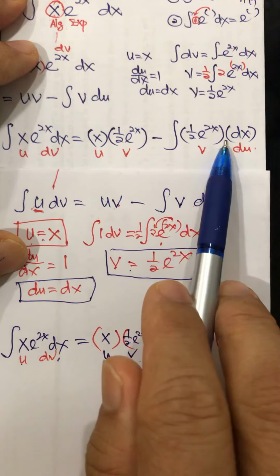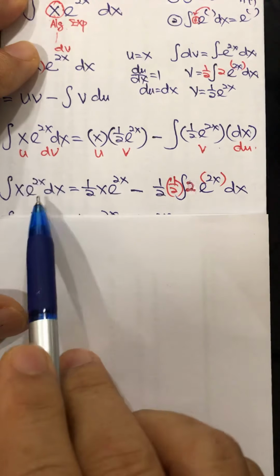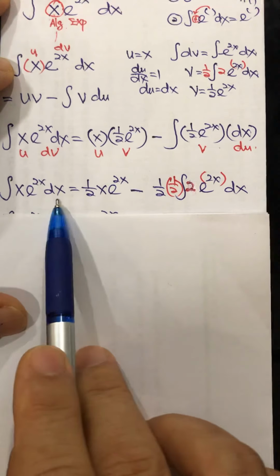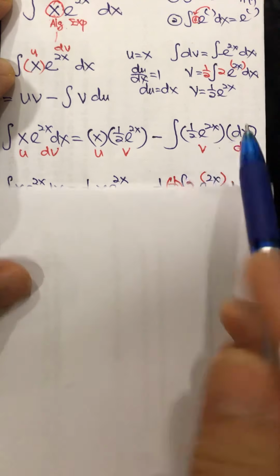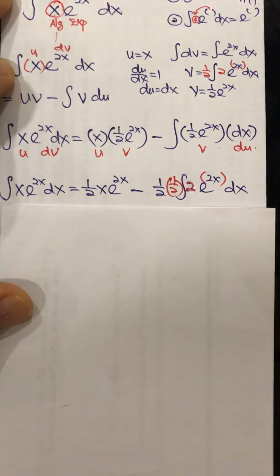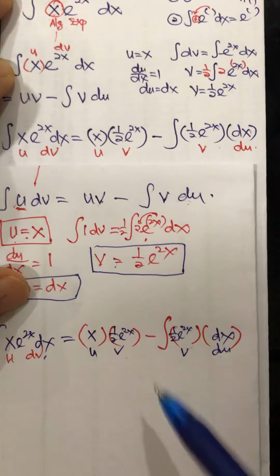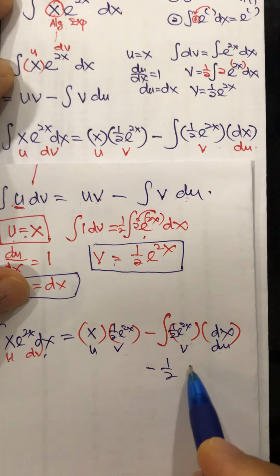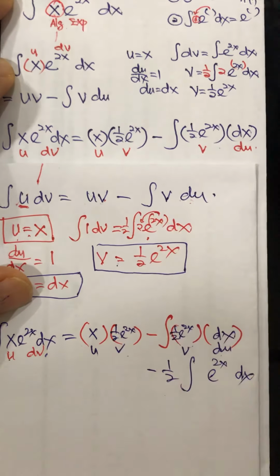Okay, so I continue from here. Then here you simplify. Half, you take out. I show you again this part. This part, half I take out. Then I want to integrate e to the 2x dx.